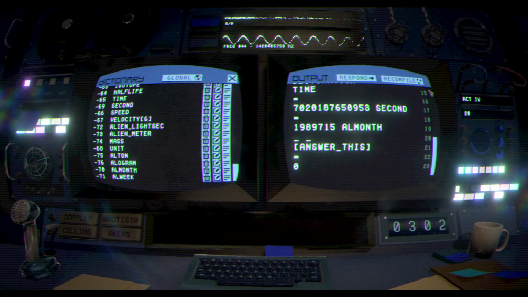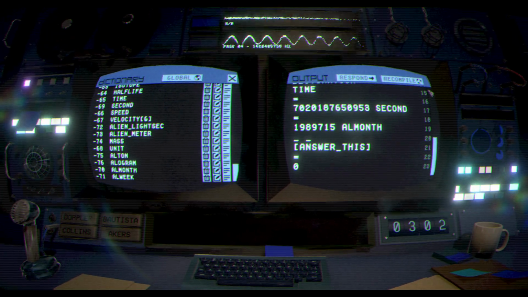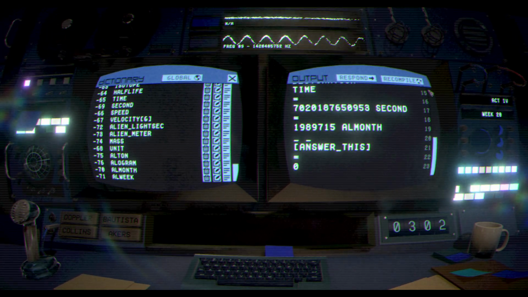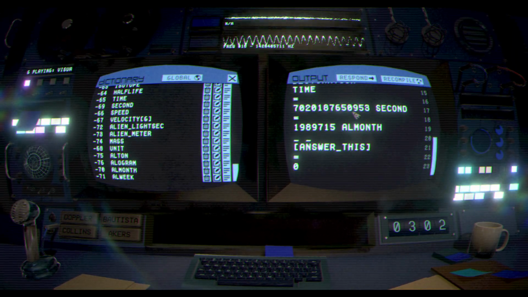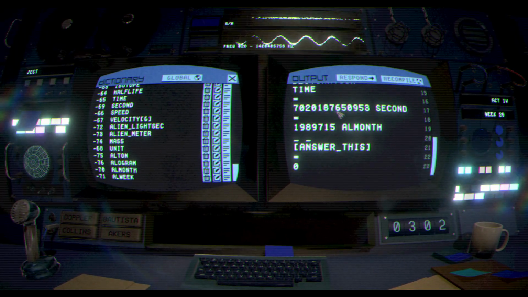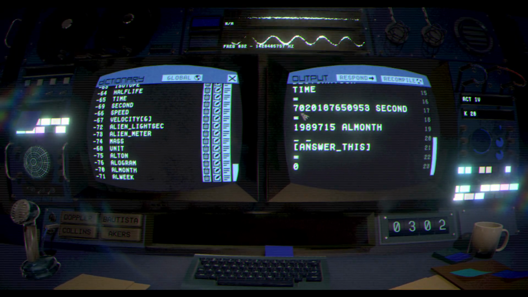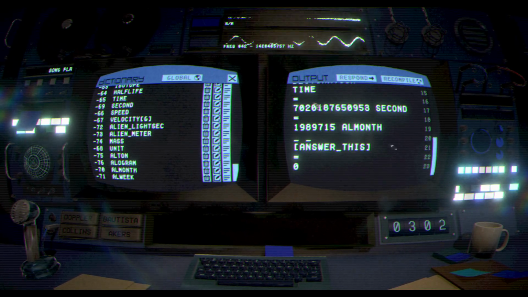That is an unfathomable amount of time. That is 30,000 years. Right? So this is 1,000 million billion trillion, 7 trillion seconds.